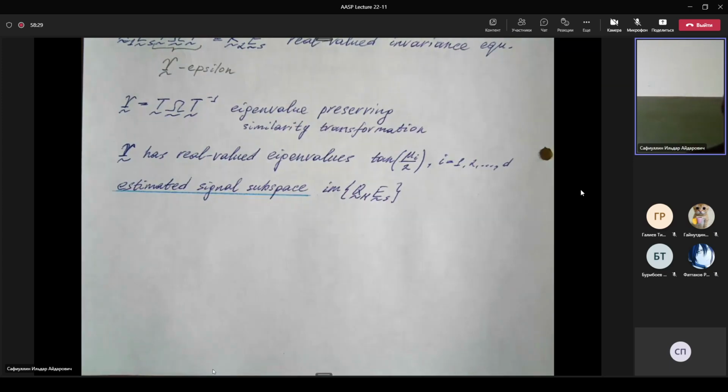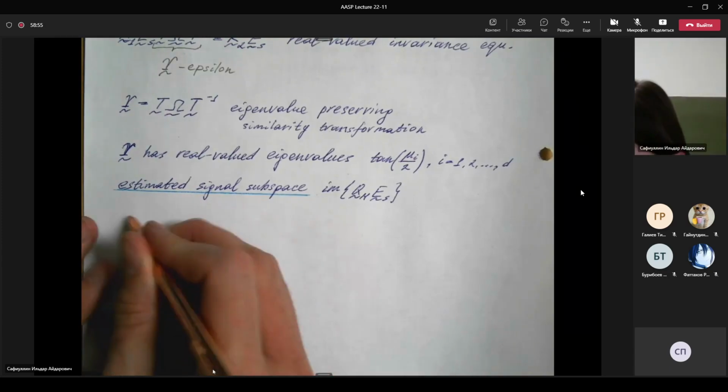And let's write down the shift invariance equation using signal subspace E sub s and this eigenvalue preserving similarity transformation.